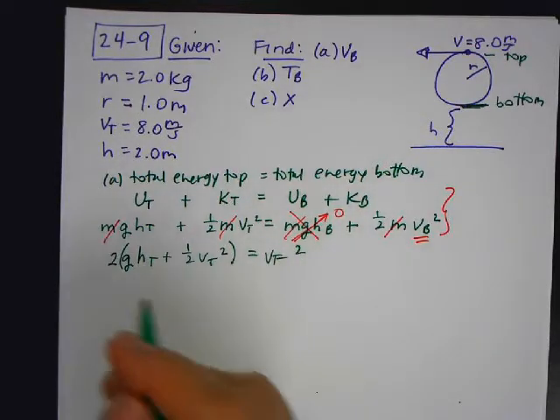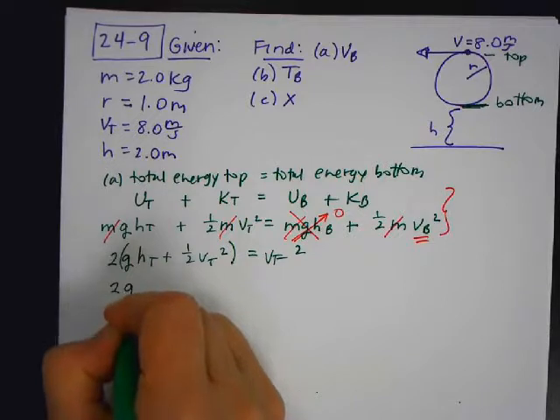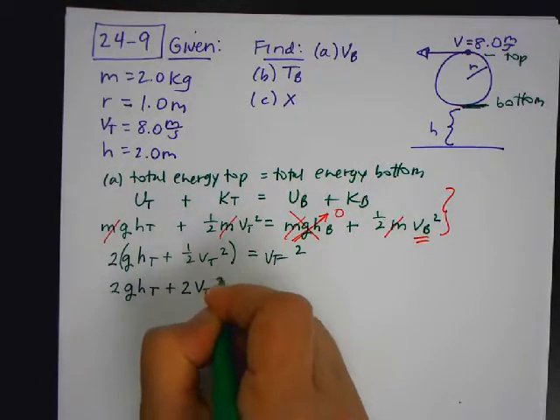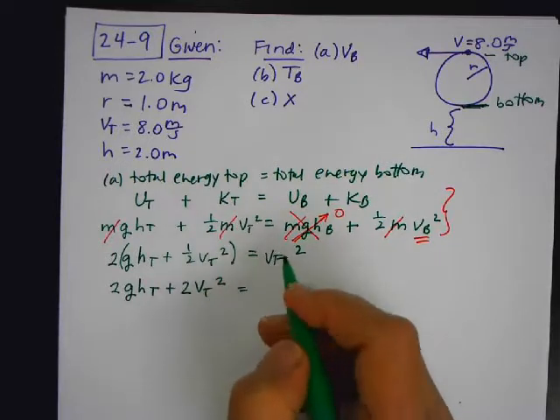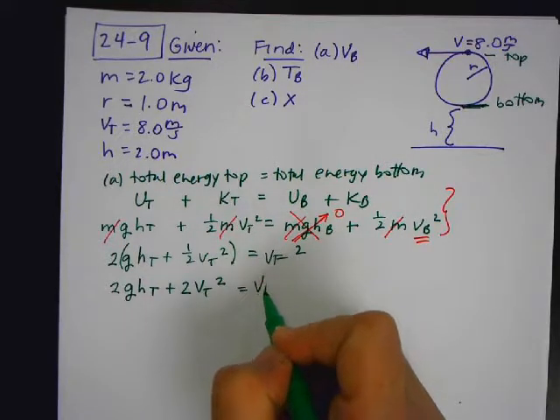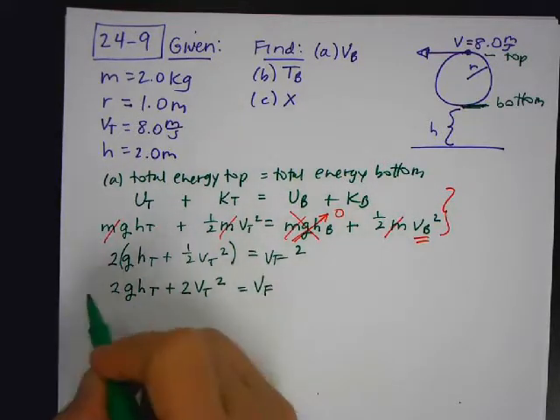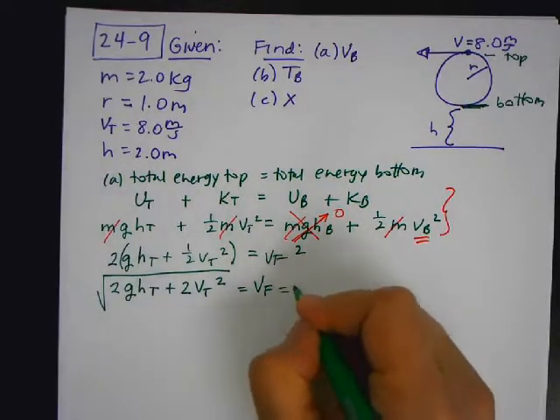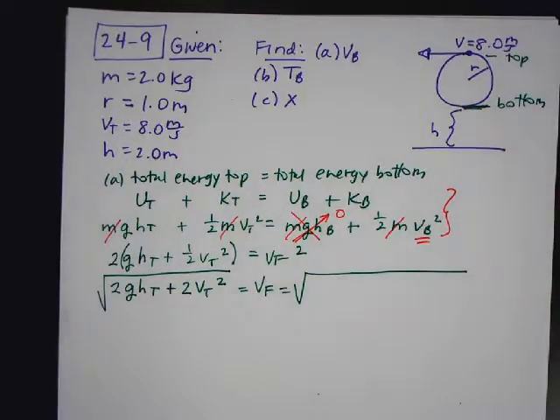And then I maybe want to multiply it out and say 2gHT plus VT squared is equal to VB squared. And then because that's squared, I'll take the square root. Now I can easily substitute in my values, because when I do this, I don't make a mistake.